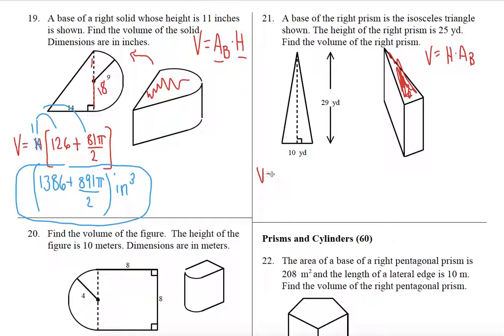In this case, the height is given to me as 25 yards. So I'm going to start with 25, and then in parentheses, I'm going to calculate the area of the base, which would be the triangle that's zoomed in on right here. So that would be 10 times 29 divided by 2. So 290 divided by 2 is 145.